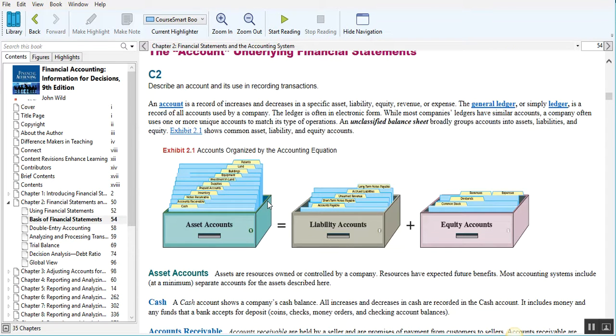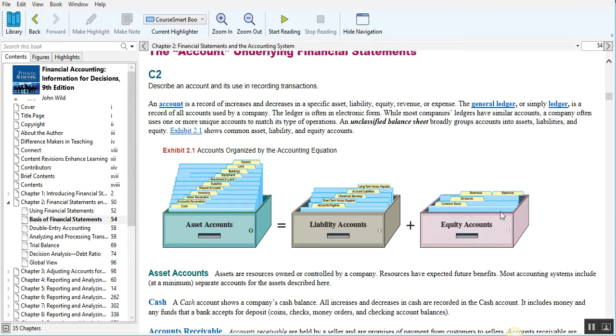Now, this is a great way to picture the accounts. The accounts fall into one of three buckets: the assets, the liabilities, or equity accounts. Asset accounts, we have cash, prepaid accounts, supplies, equipment, and so on. Liability accounts, we have anything we are owing in the immediate term.